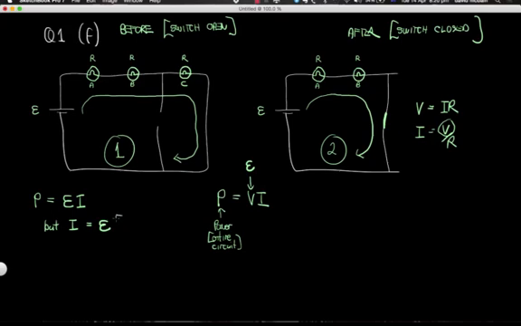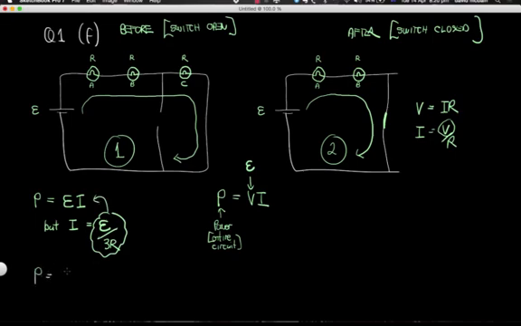So it's E times 3, beg your pardon, not times, divided by, my apologies. I is going to be E over 3R. If we substitute this expression into where we see the I, we've got an expression for the power.